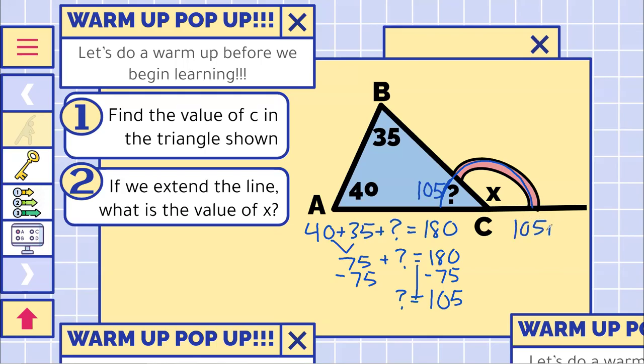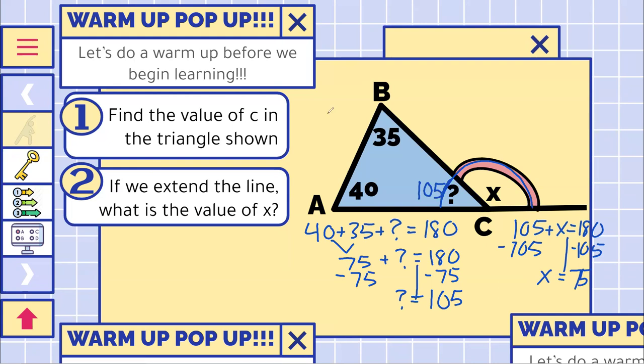So if you said 105 plus X gives you 180, you'd have been right. If you took away 105 from both sides, and you got that X is 180 minus 105, which is 75, you would have been absolutely correct.